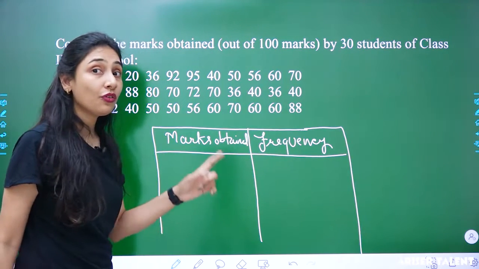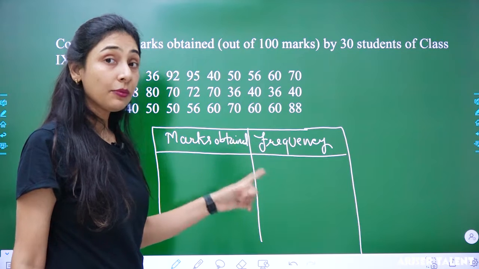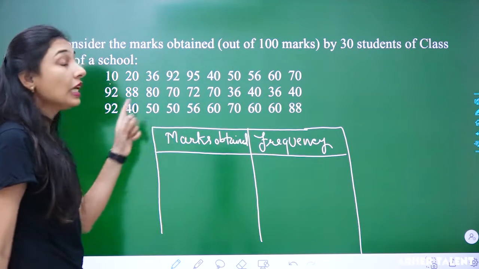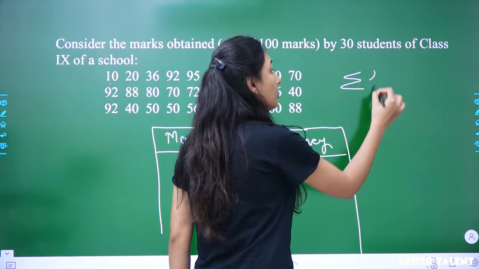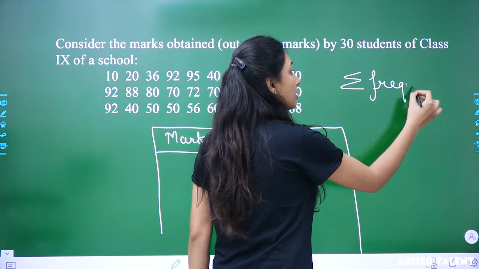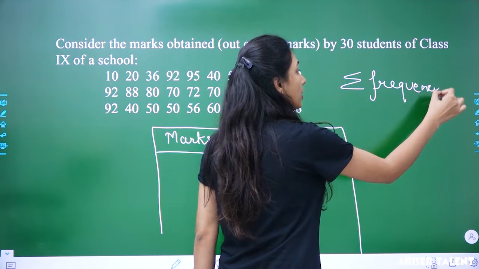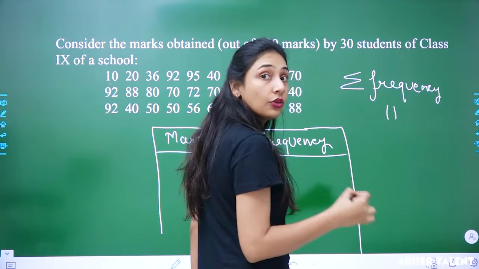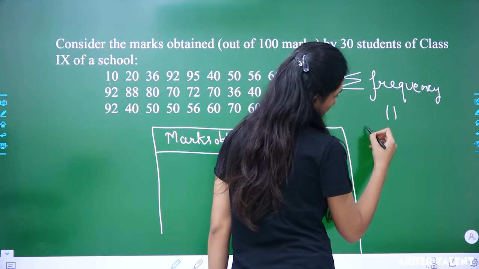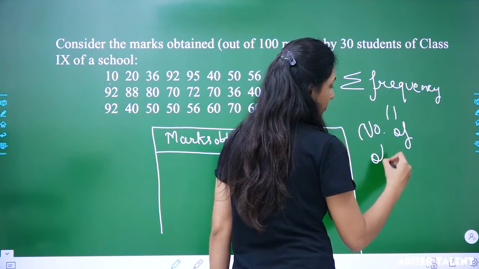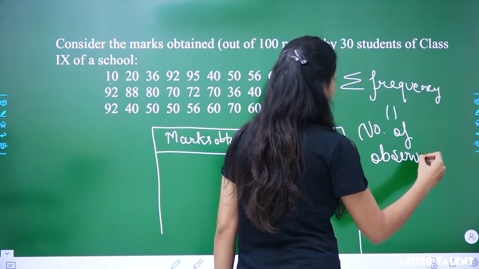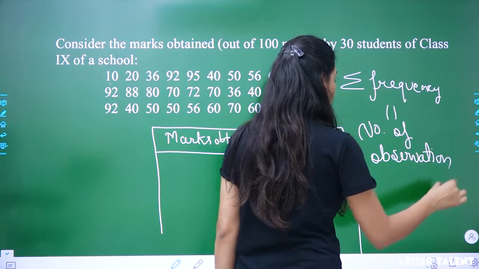Now, the sum total of frequency is going to be the number of observations.